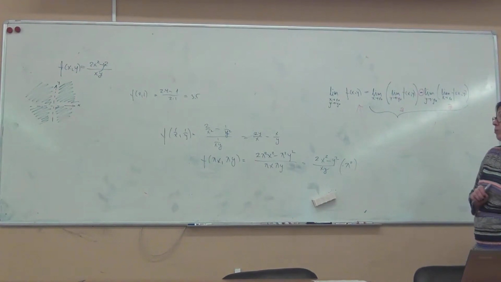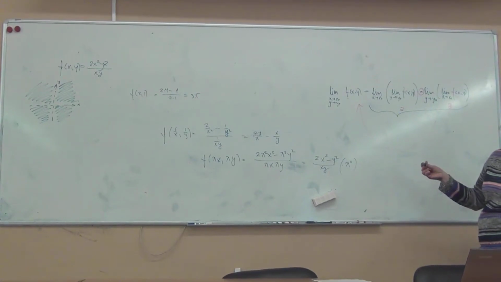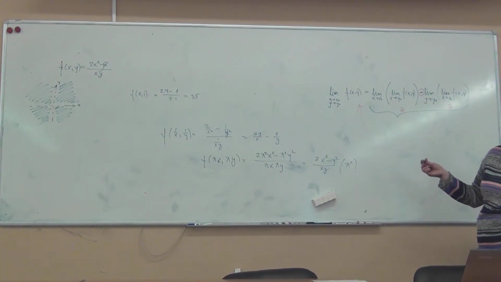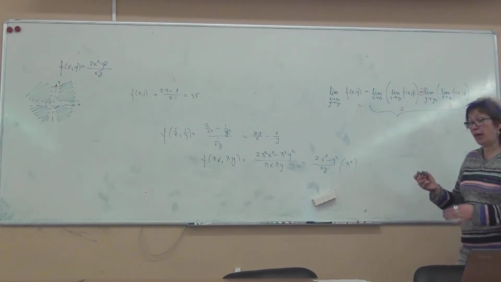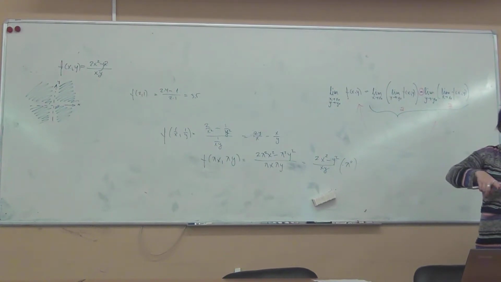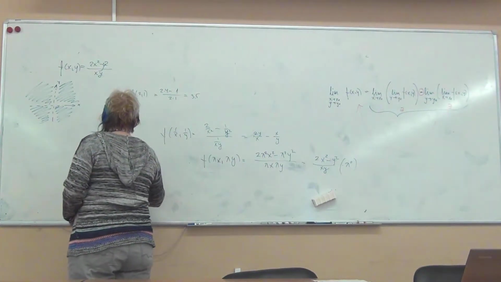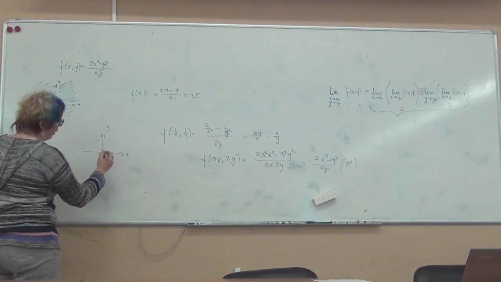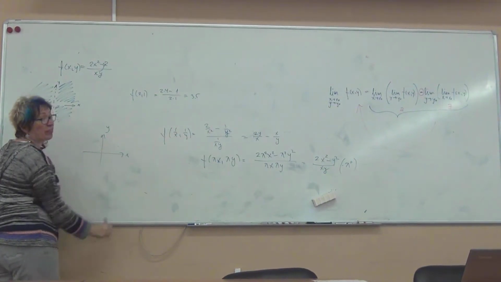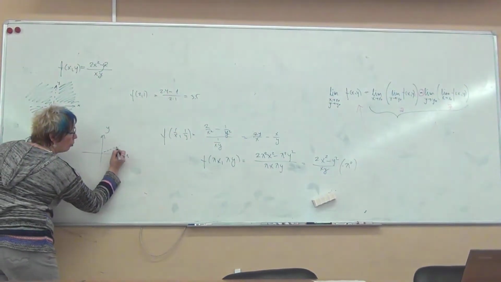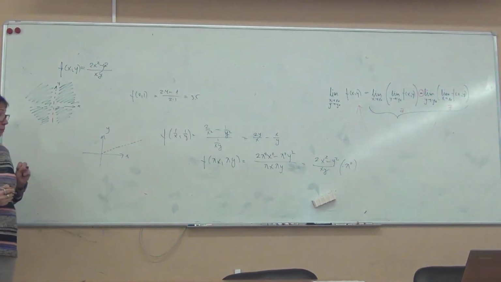So this means an interesting thing about the homogeneousness of this function. If I multiply lambda x, lambda y, in other words, if I move lambda times further in the same direction from the origin, the function remains the same. In other words, if I move in the xy plane along a line passing through the origin, anytime I multiply both x and y by lambda, I'm actually moving along this line.